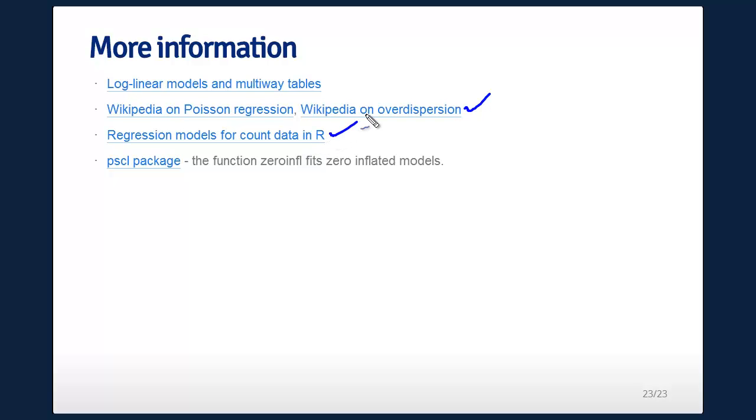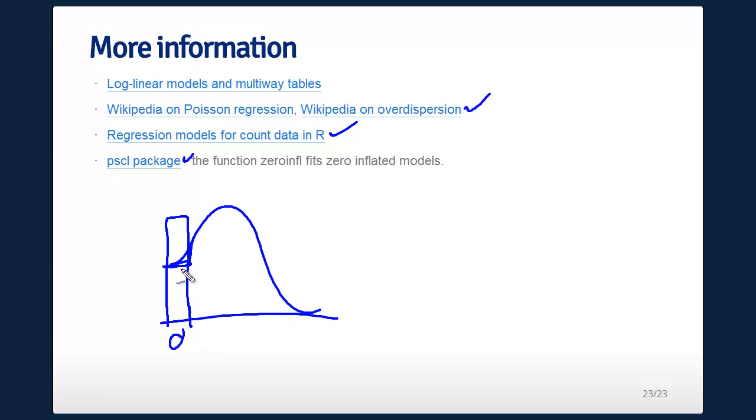And then there's this problem that occasionally you have more zero counts than the Poisson model would expect, and the zero count has this extra amount in it that the Poisson model wouldn't anticipate.